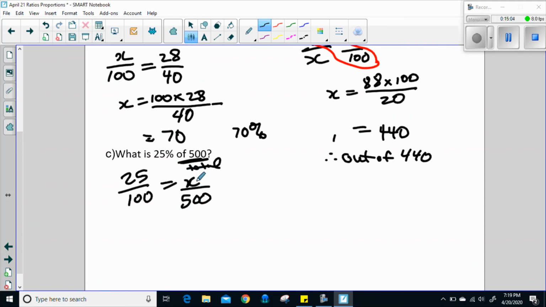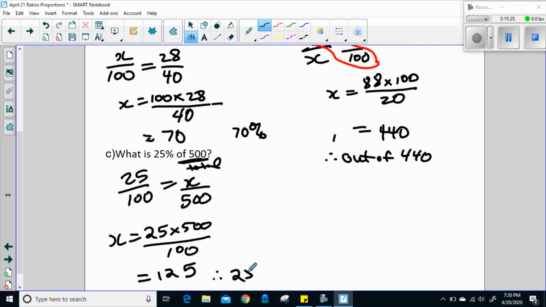I need to know what that 25% is. Let's cross multiply. X is 25 times 500, all divided by 100. So what is that? 25 times 500 divided by 100 equals 125. Therefore, 25% of 500 is 125.